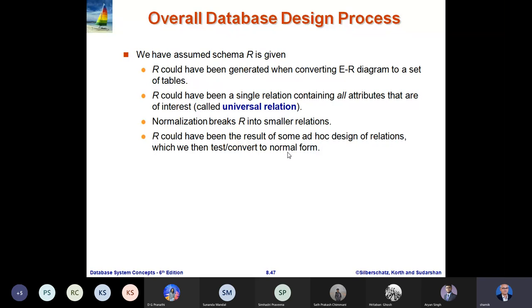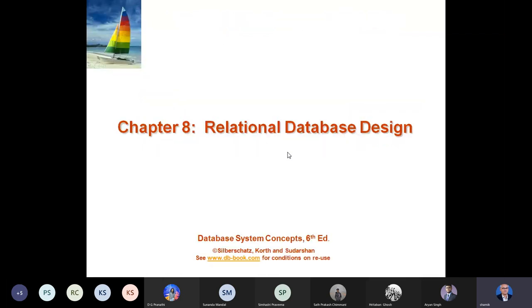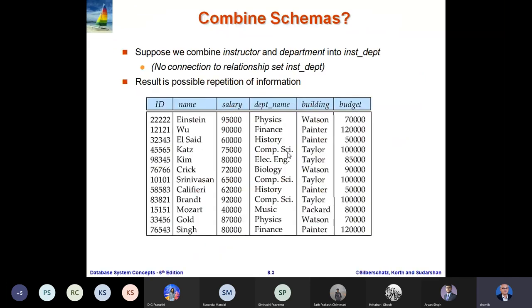A normalization process, as we have studied, breaks R into smaller relations. So R could have been the result of some ad hoc design of relations, which we then test for whether the BCNF property holds or not, and convert to normal form. If you see this again, the first one was given to us by someone.